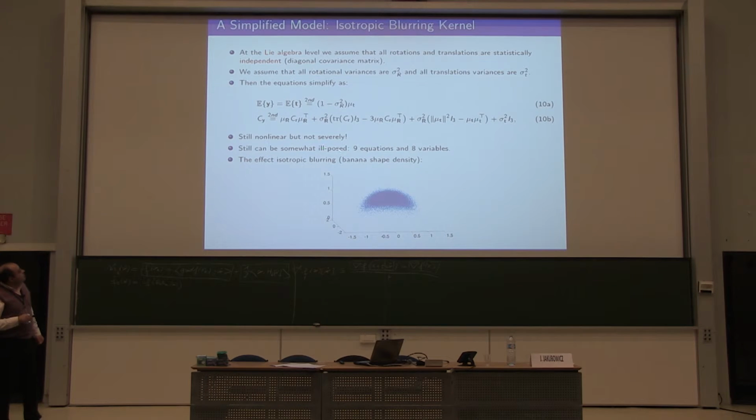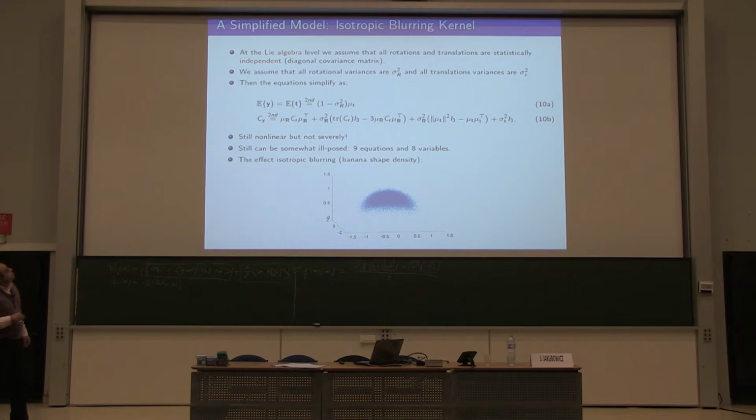So in this case, we have 9 equations and 8 variables. So there is some hope for being able to recover the unknowns, which are the mu r, sigma r squared, mu t, and sigma t. And you see that these are still nonlinear equations. They are multiplicative here.